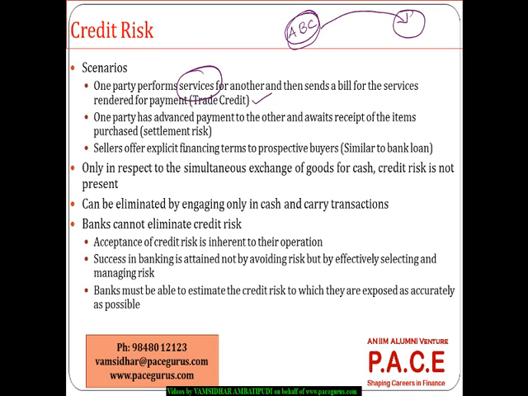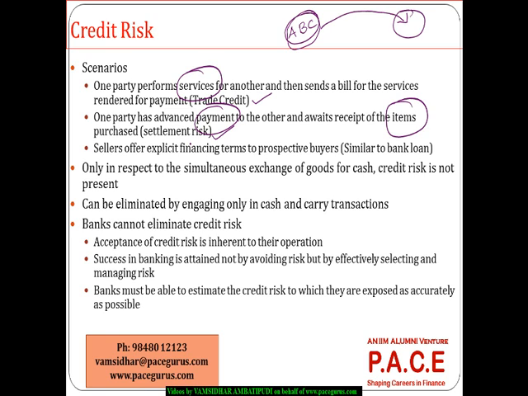Similarly, there could be a scenario where I have made a payment in advance to my vendor and I'm yet to get the goods from that vendor. So from my side, I have made a payment, and I'm yet to receive the goods. That is also a kind of credit scenario, and in that case, we call it settlement risk.